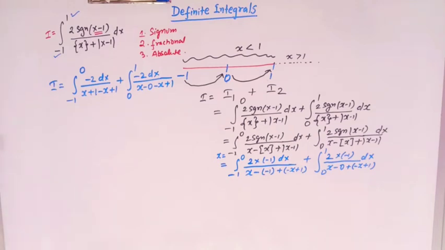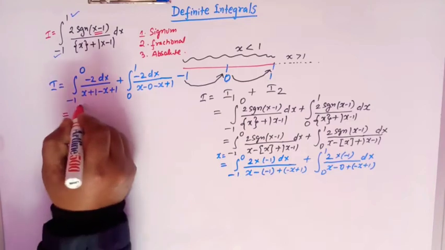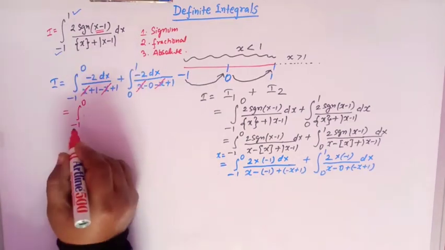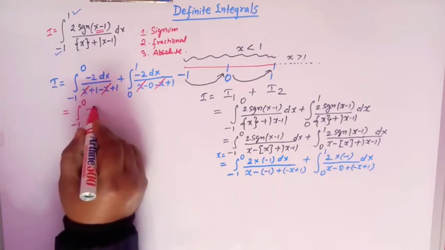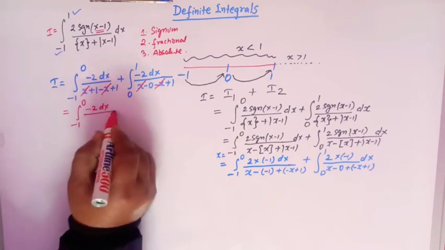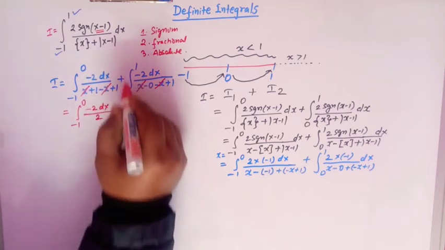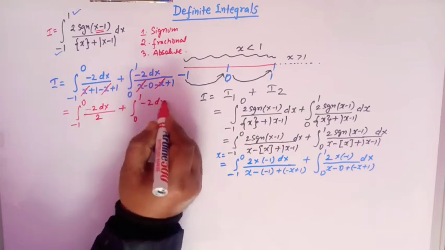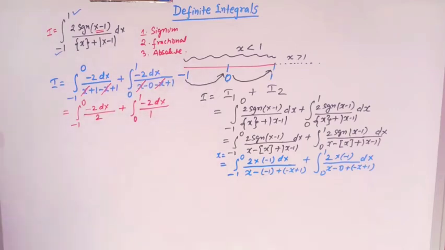Okay, so now we can further simplify it. So this x and this x get cancelled. So now we have from -1 to 0 minus 2 dx over 1 plus 1, that is 2, and then we have 0 to 1 minus 2 dx over 1, right?